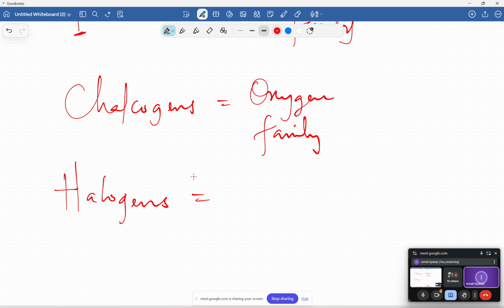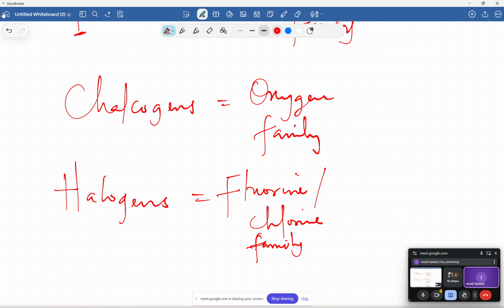Halogens. This is the fluorine or chlorine family.